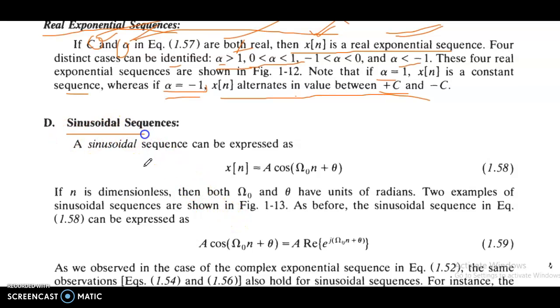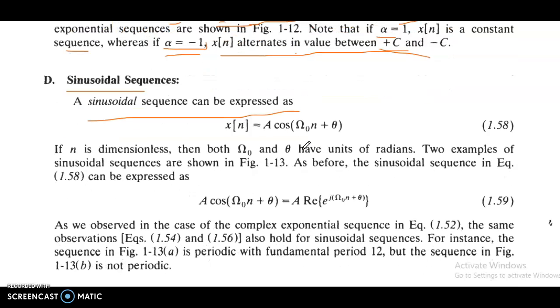Sinusoidal sequence. A sinusoidal sequence can be expressed as x of n equal to A cos omega naught n plus theta.